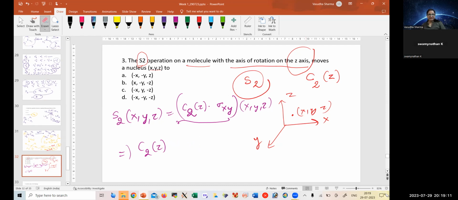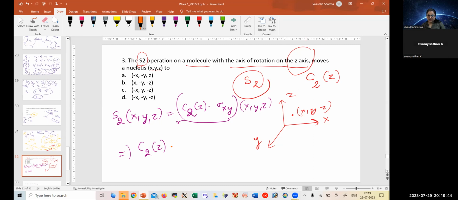If I say that I have applied sigma XY on the XYZ coordinate, whenever I have a coordinate on XYZ and a plane along X and Y, which coordinate is going to change? After reflection by the plane, only Z would change. If this is my X and this outward finger is my Y and Z is this way, if I cut like this, the upper Z would come as a lower Z. A positive Z would become a negative Z.